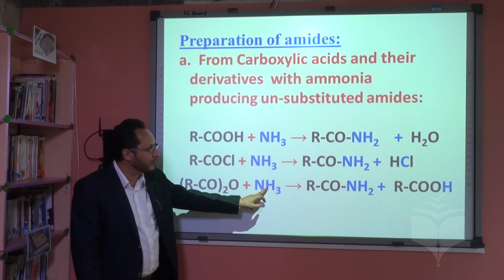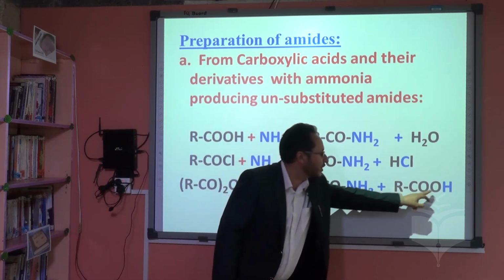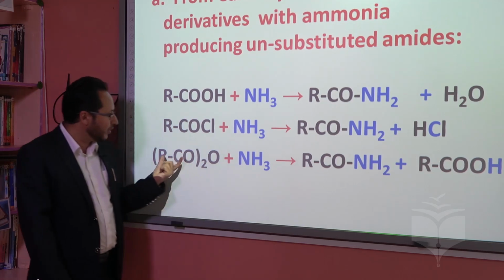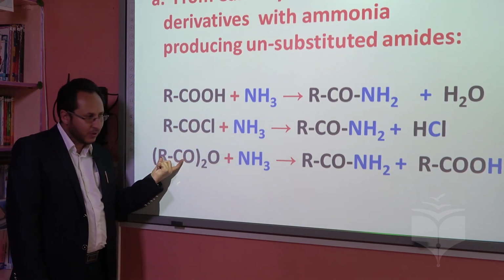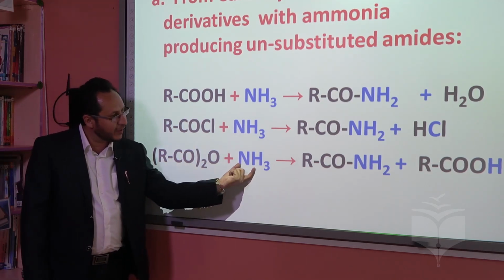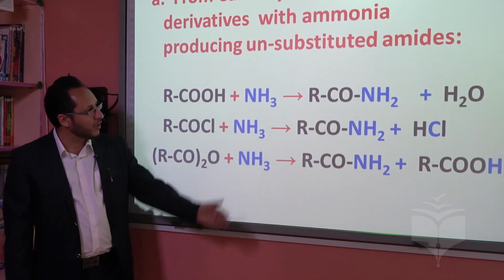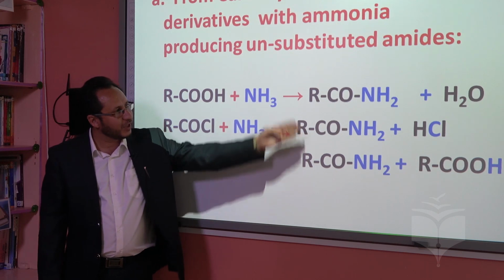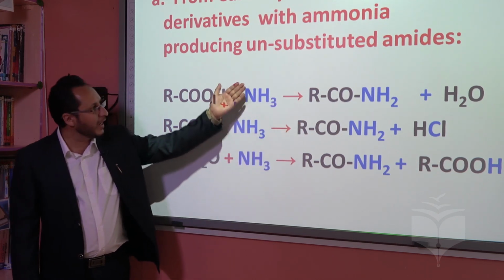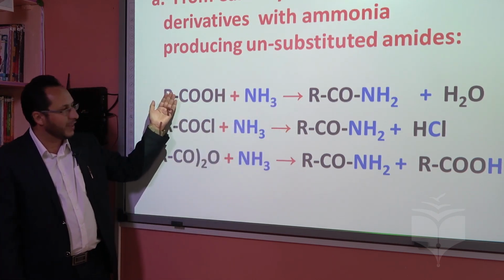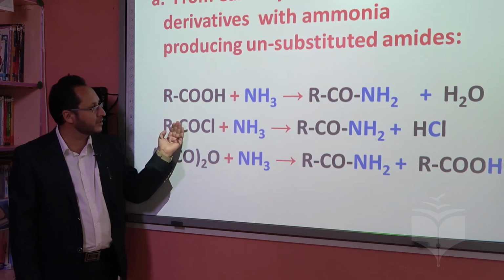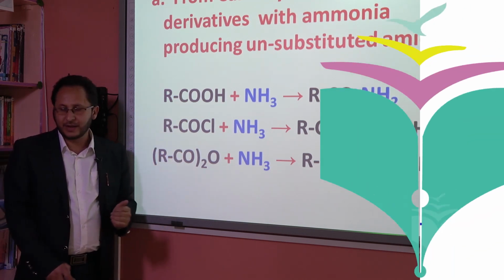RCO from the acid, and here we have NH2, so this is RCONH2. So if you want unsubstituted amide, you have to react ammonia with carboxylic acids or acid chloride or acid anhydride.